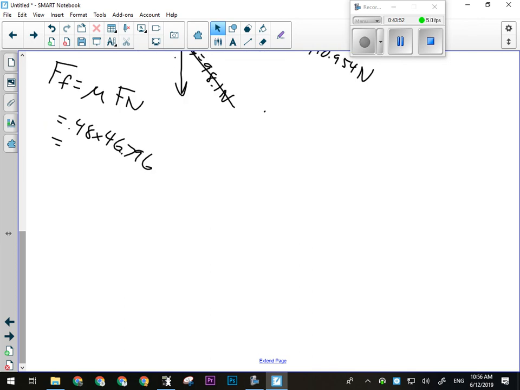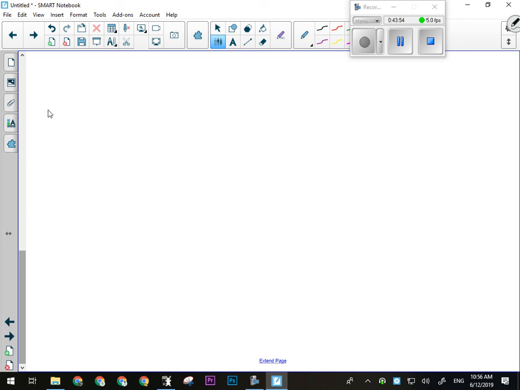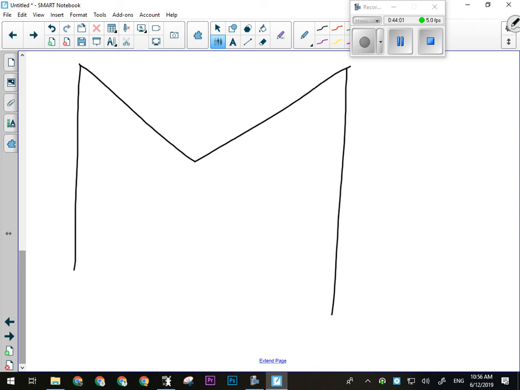All right, so a static question would look like that, and I would only say find the tension in the rope. Find the tension in rope A, even though it's the same as rope B, and I would have to give you this angle, 110 degrees.